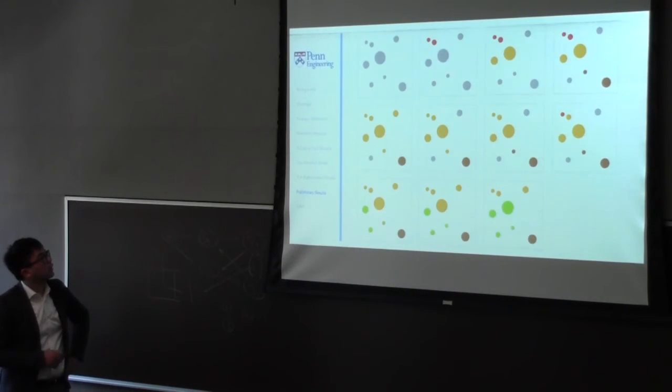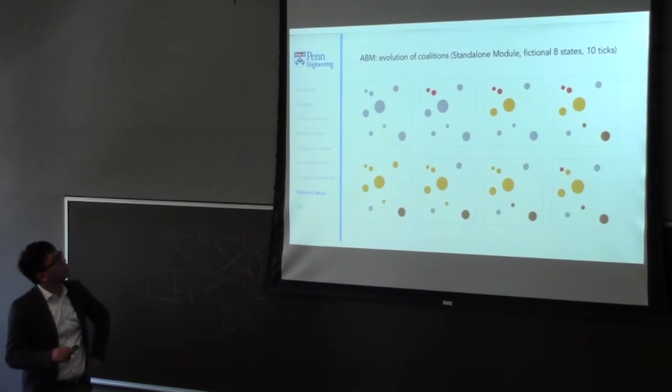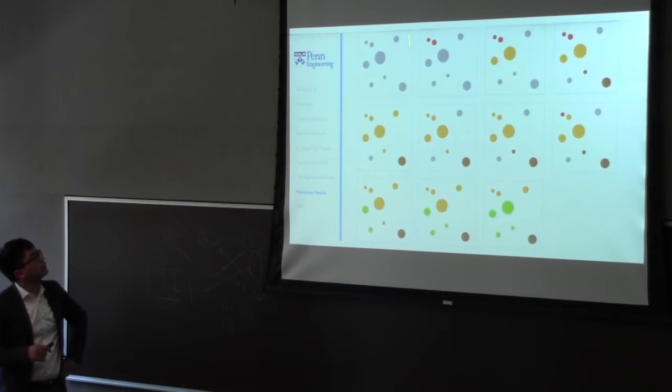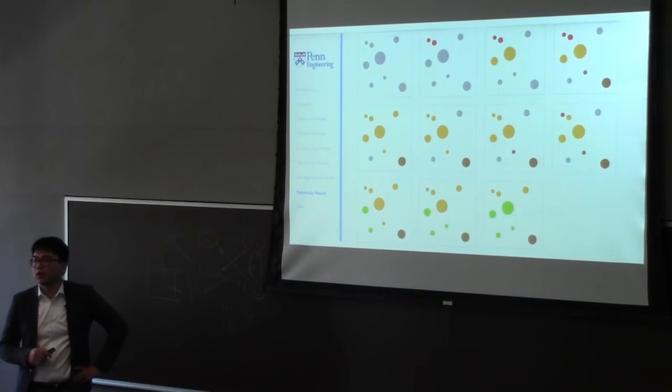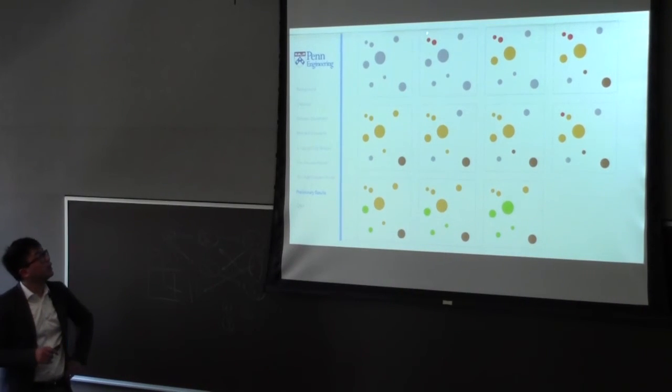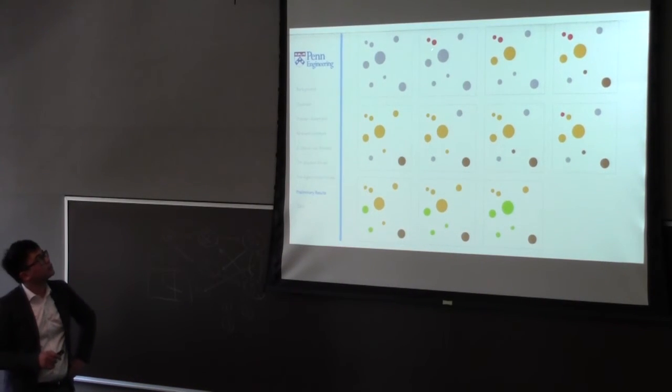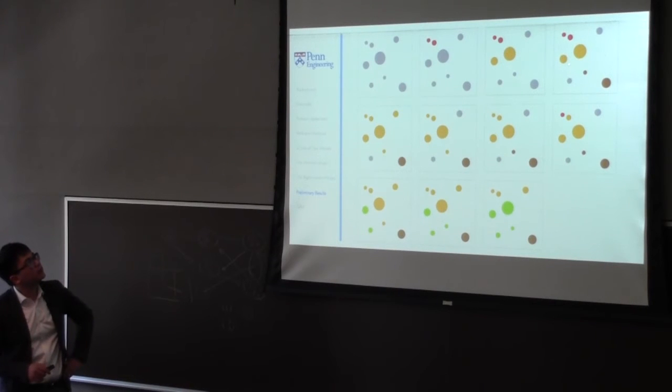This is actually an output of the state charts, so I'll explain a little bit here. It shows the evolution of coalitions in a standalone module done in Python, with fictional A states and 10 ticks. When the color is gray, it means the agent is by itself and not in any coalition. When they are of the same color, they're in the same coalition. So you see the evolution here: the two small players go together and then the other ones go together.